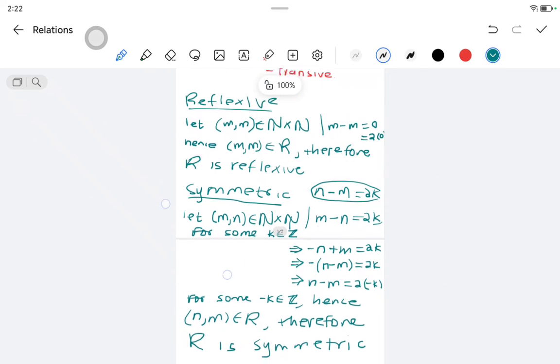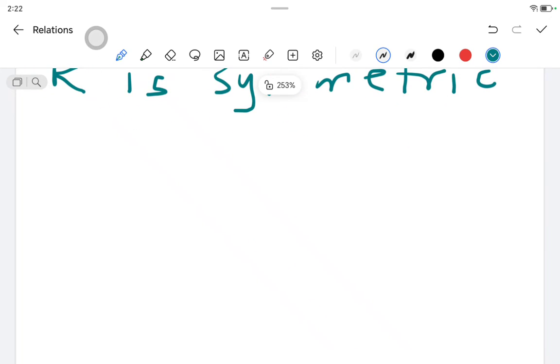Now since we have reflexive and symmetric, we're going to check transitive.